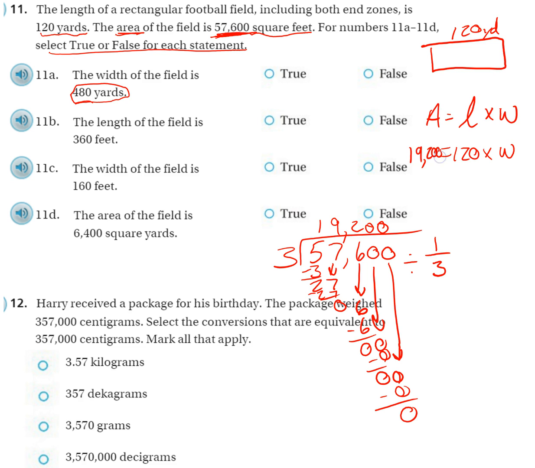19,200. So we have to divide to find the W, 120 into 19,200. 120 can't go into 1, can't go into 19, it can go into 192 one time. And you're going to be left with 72, bring down your 0.